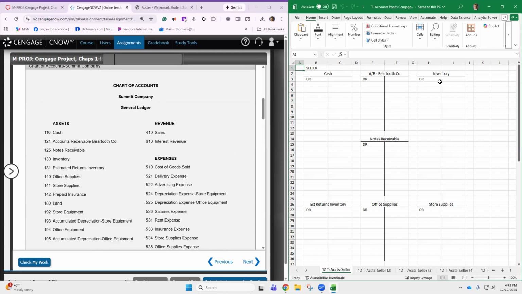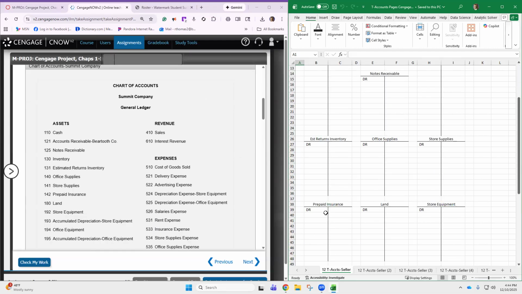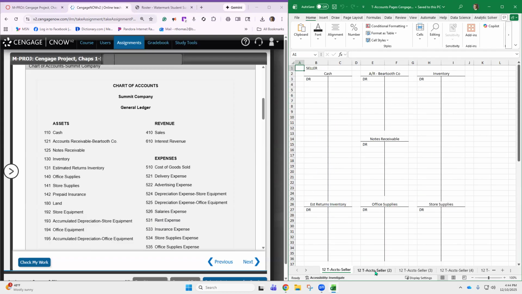We've got inventory, estimated returns inventory, office supplies, store supplies, prepaid insurance, land, and store equipment. And then I have 12. Then you go to the next one. There's accumulated depreciation for the store equipment.